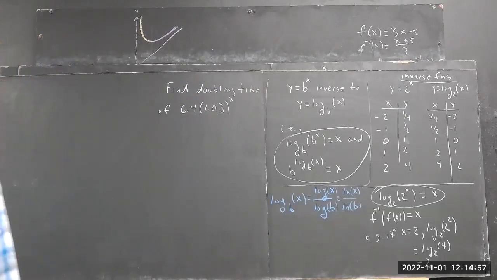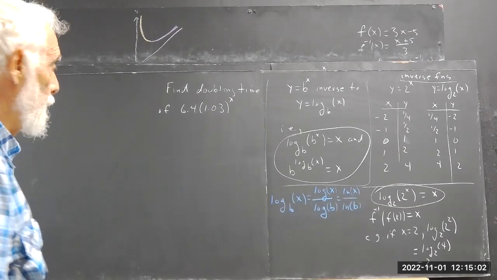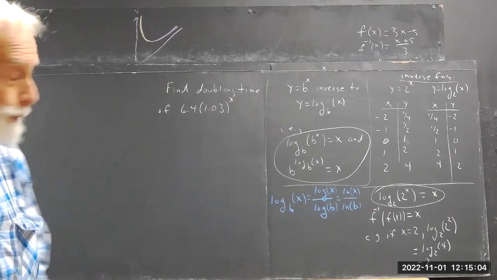Okay. We're going to find the doubling time of 6.4 times 1.03 to the x. You're going to write an equation.